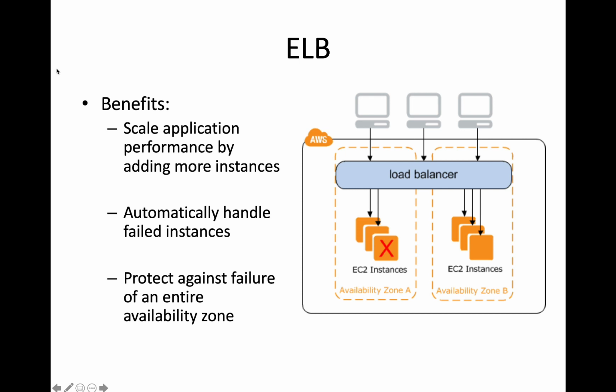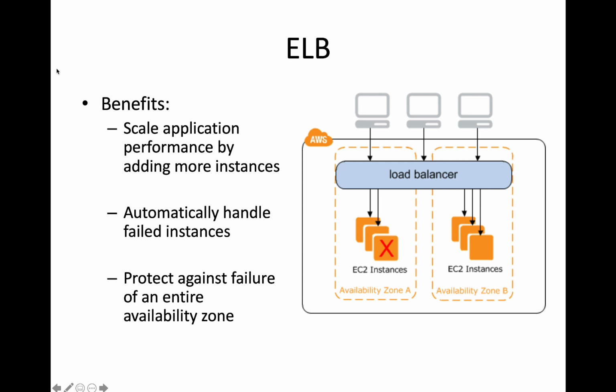We can go from 5 instances to 7 instances to 10 instances and so on. And the Elastic Load Balancer can evenly distribute requests across our fleet of web servers, across our fleet of EC2 instances. The load balancer also can provide us with resiliency.